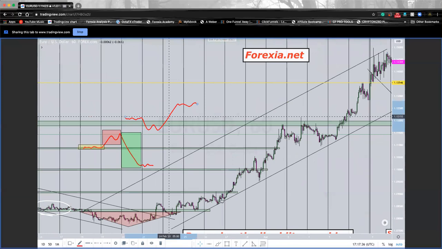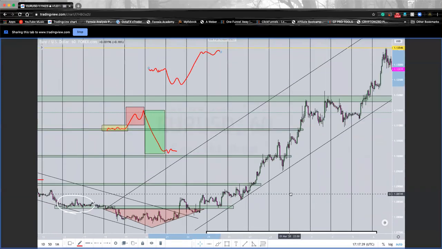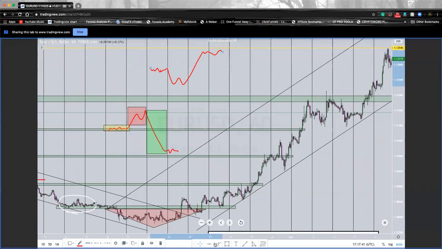Let me actually make it a little bit smaller, or no, it's actually cool. Okay, so let's start from here. Consolidation, stop hunt, push. And then consolidation, stop hunt, push. Consolidation, stop hunt, push up. Trapping people, comes back down.